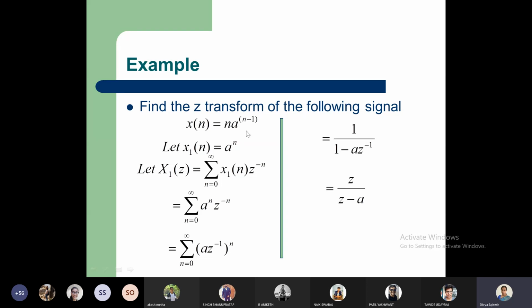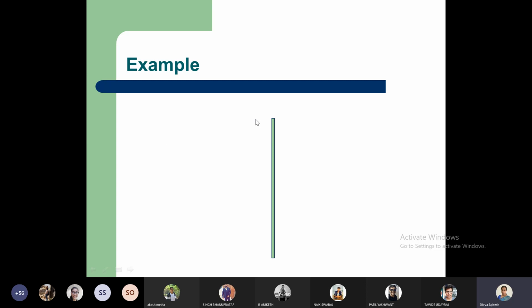Instead of directly taking the signal a raised to n minus 1, first I considered the signal a raised to n as x1 of n and applied the Z transform, so I got z upon z minus a. Now what is your actual signal here? It is a raised to n minus 1. So after finding the Z transform, I changed the signal to n minus 1. It is shifted now.